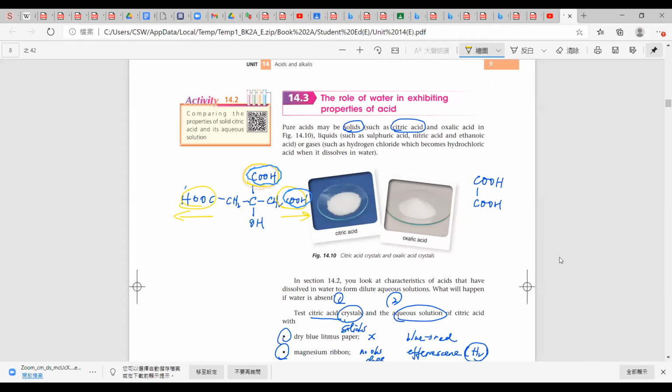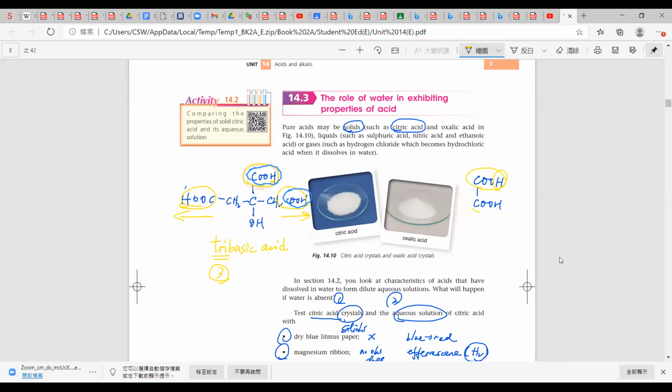So those 3 hydrogen atoms here are ionizable. So we call it a tribasic acid. Tri here means what? 3. Is that clear? How about oxalic acid? What's the basicity? 2, yes, that's 2.